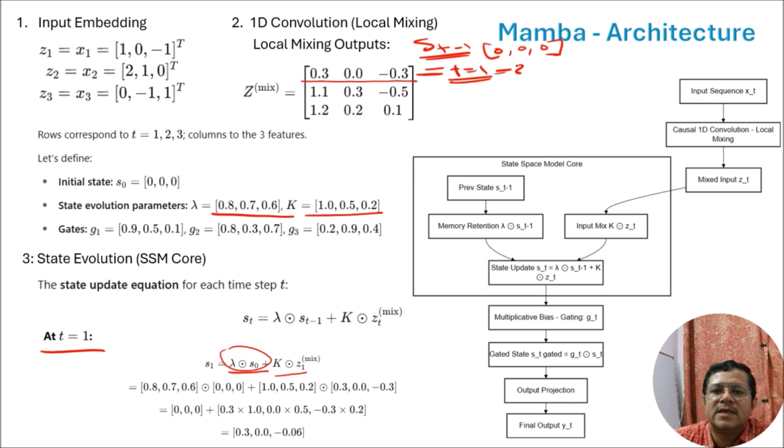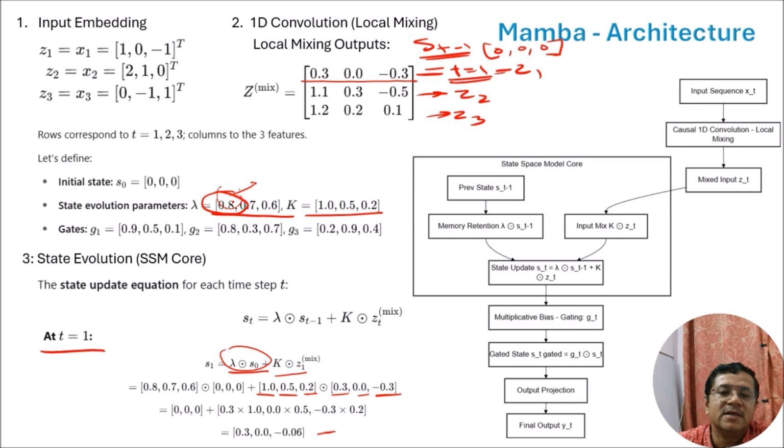We can also say z1, this is z2 and this is z3. So when we apply the element-wise multiplication, 1 with 0.3, 0.5 with 0.0 and minus 0.3 with 0.2, we will get this score. One important thing that you can easily see here: the value of 0.8 is very good.